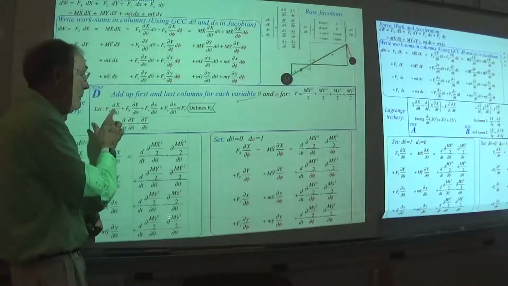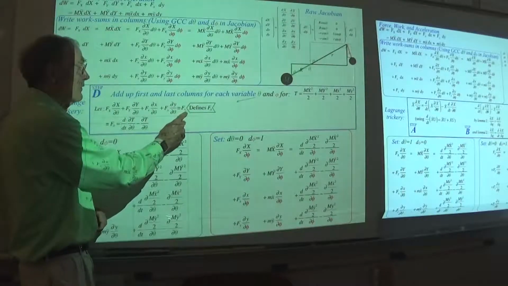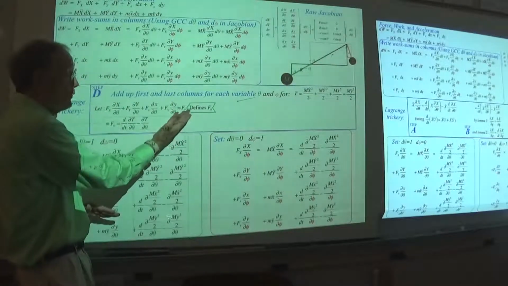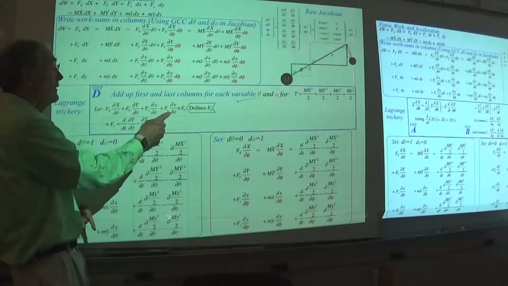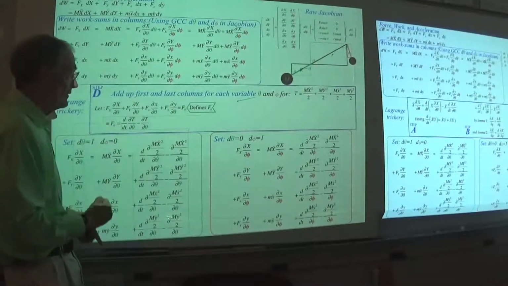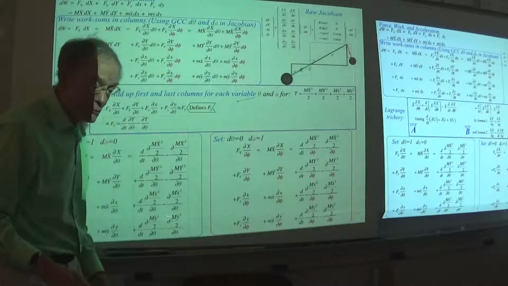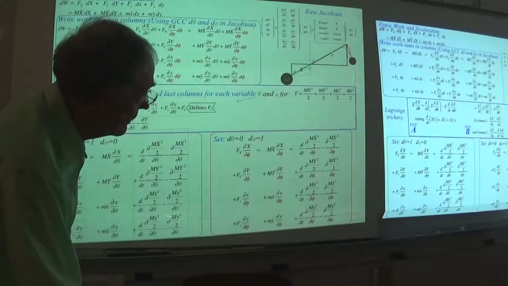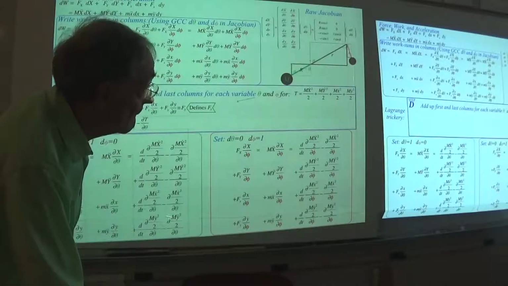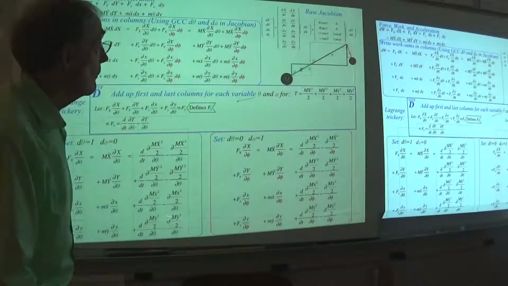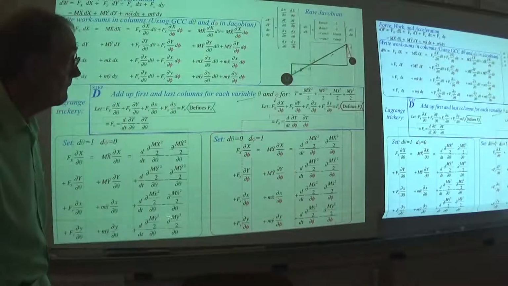So that particular generalized force, which is a definition of a covariant component, has 4 things, not 2 things. That's the difference between the simple Lagrangian stuff that we looked at before and what we're dealing with now.